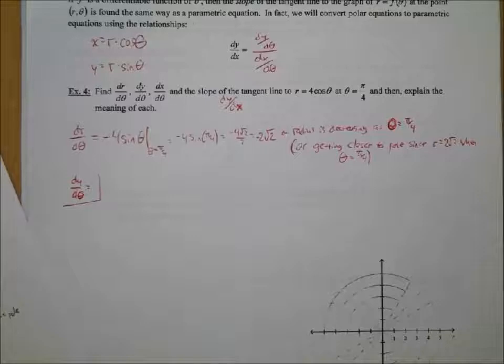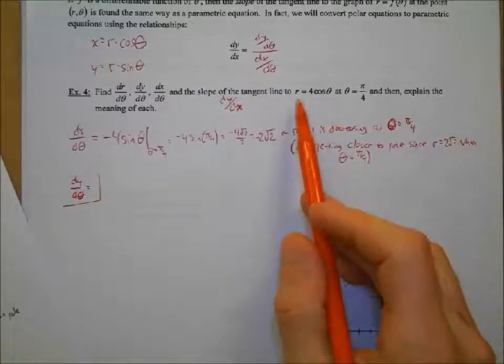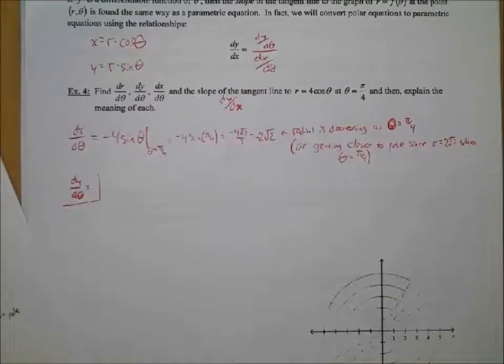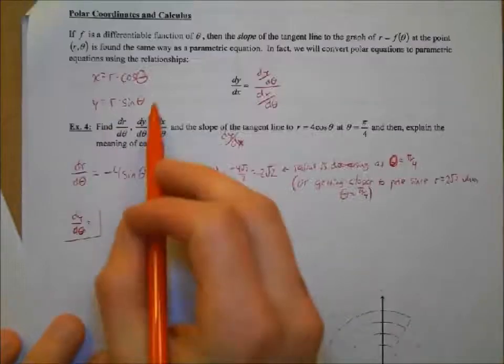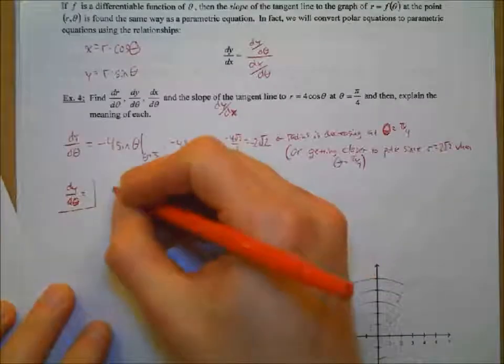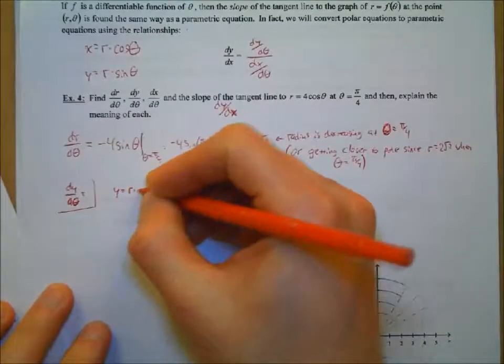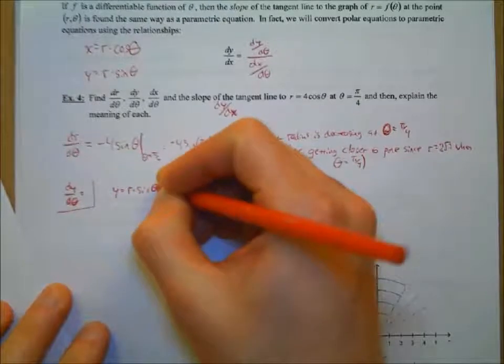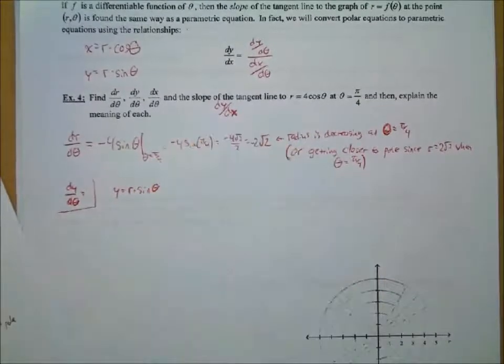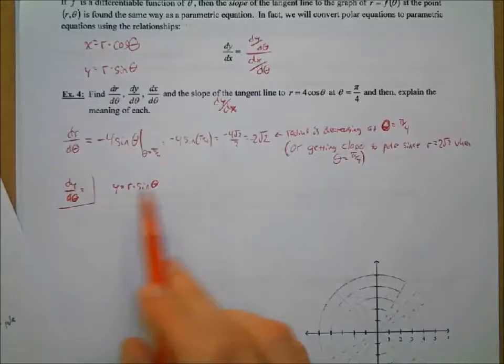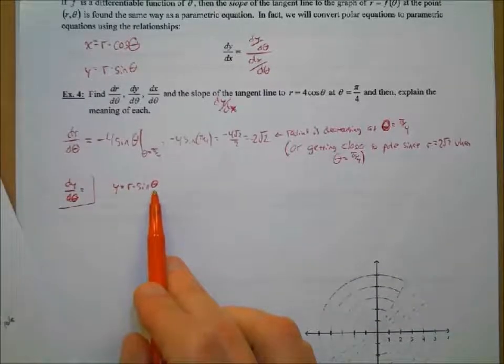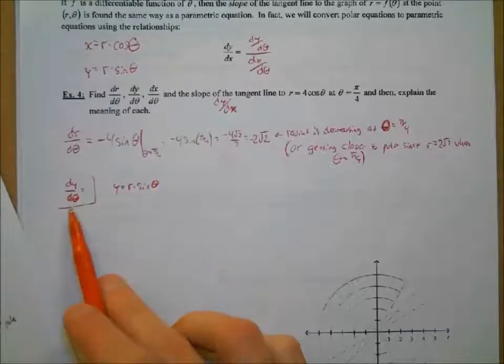Well, here's the problem, right? We don't have a relationship that relates y and theta. All we have is r equals 4 cosine theta. But we have that conversion that we use, y is equal to r times the sine of theta. But now we have y in terms of both r and theta. We need to have this only in terms of theta, because we want to take the derivative with respect to theta there.